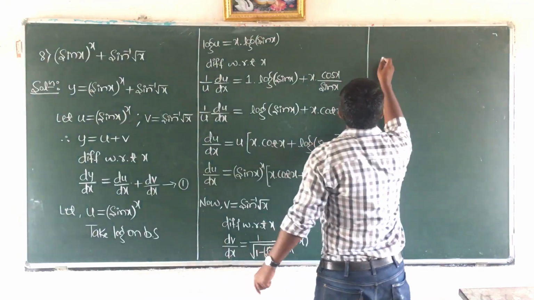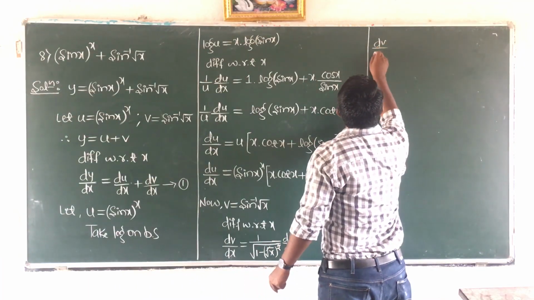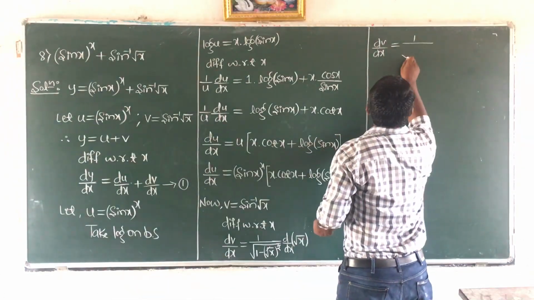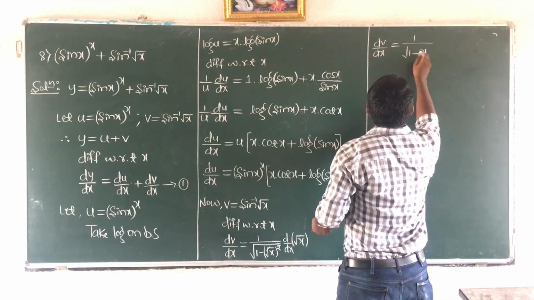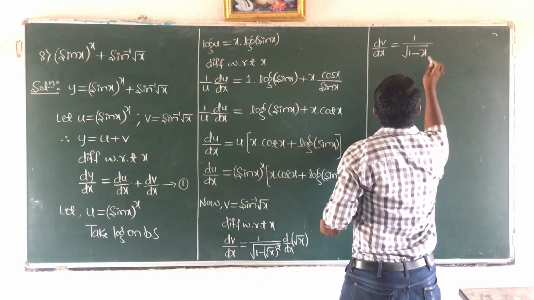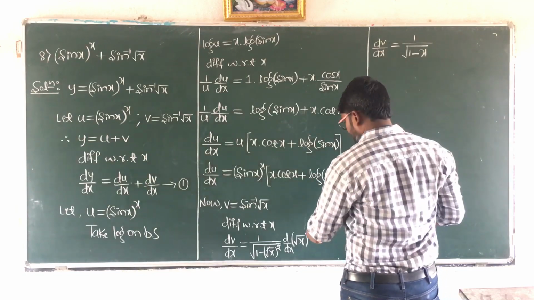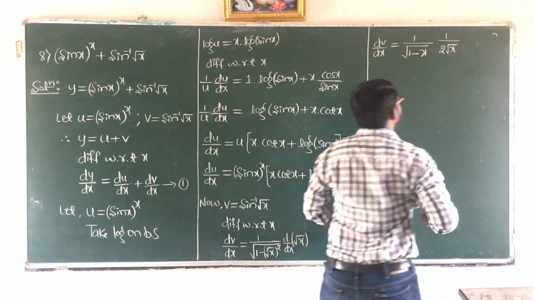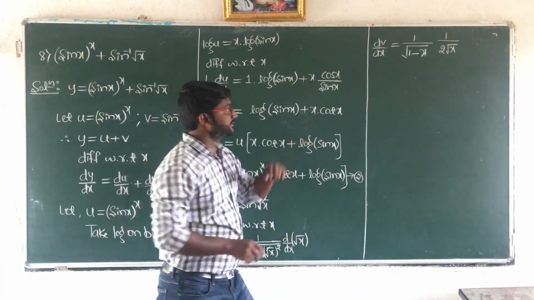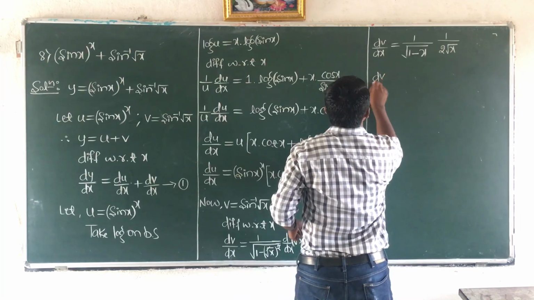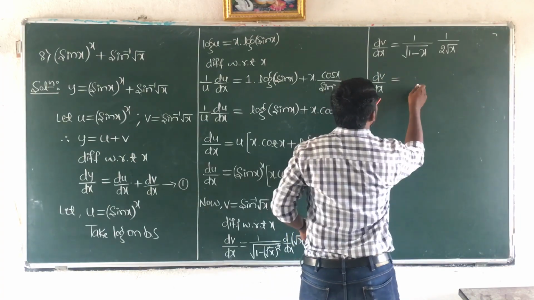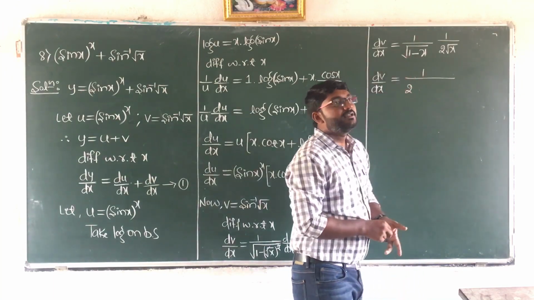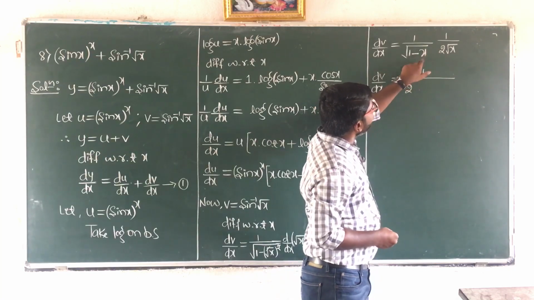So the next step, dv by dx, is equal to 1 divided by under root 1 minus x into the derivative of root x, which will give us 1 divided by 2 times root x. d by dx of root x will be 1 by 2 root x. So now dv by dx is equal to 1 divided by 2, I am writing the 2 in the beginning. Now these two are in the form of root a into root b.